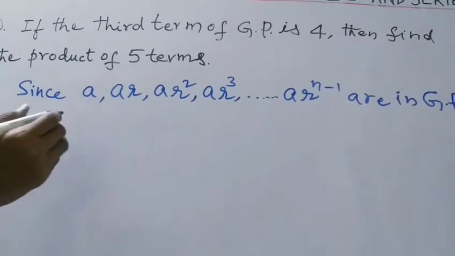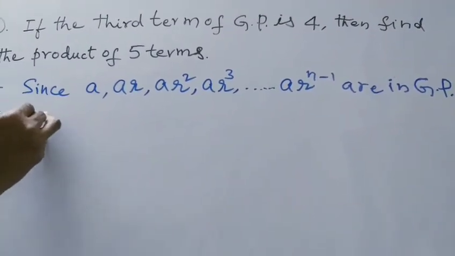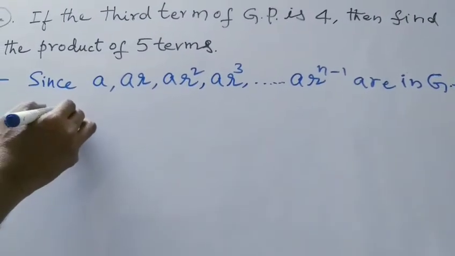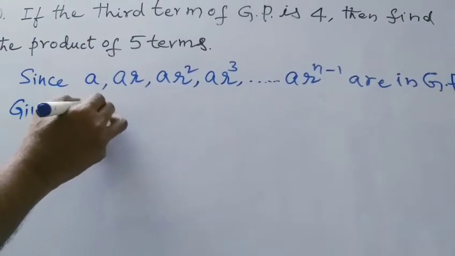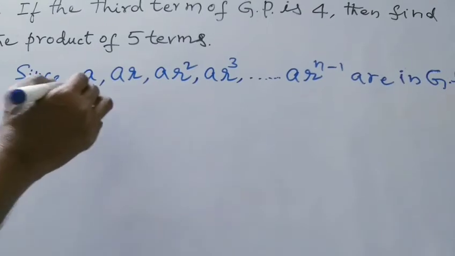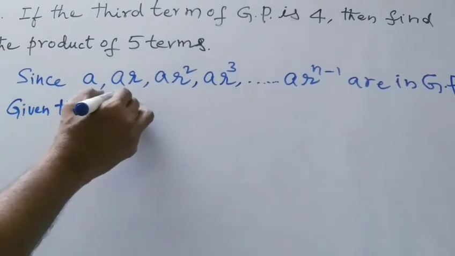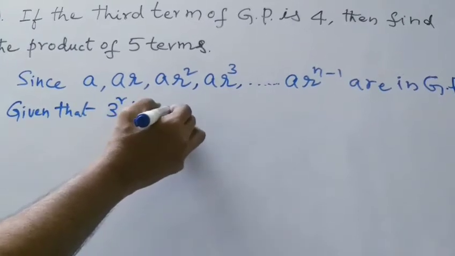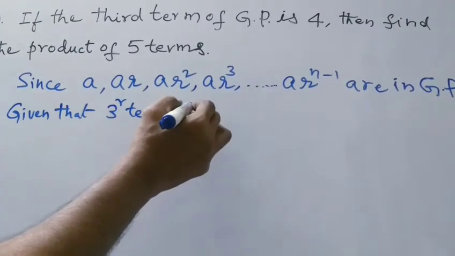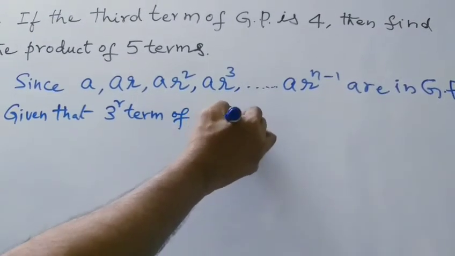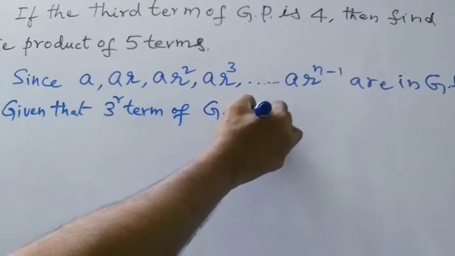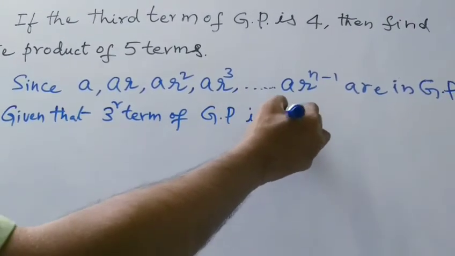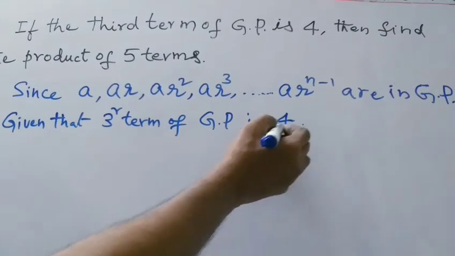So in the problem it is given that the third term of the geometric progression is 4.